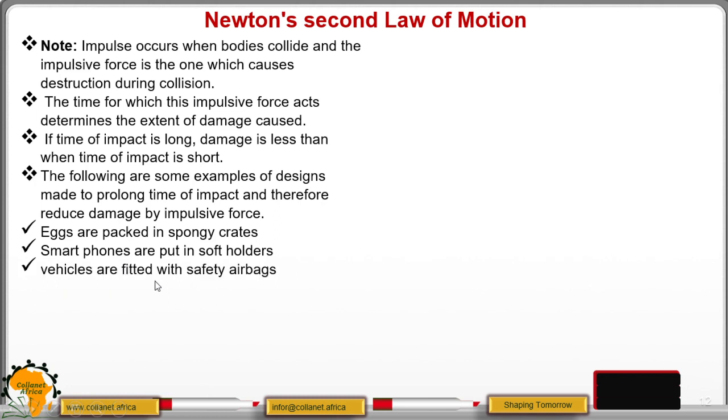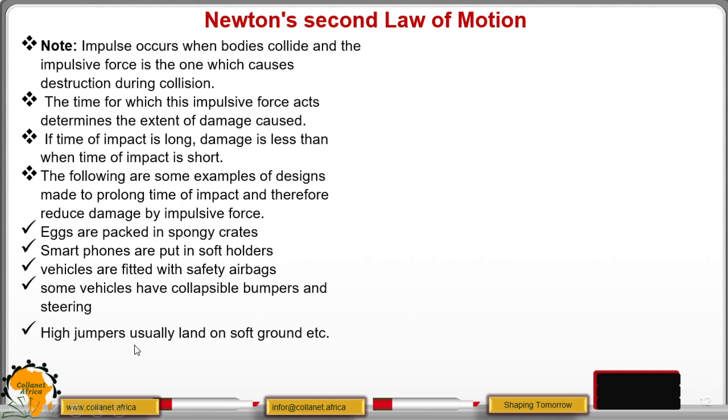Then we have that vehicles are fitted with safety airbags so that when you collide with another vehicle, these safety airbags will help you to prolong the time of impact, and that way you reduce the damage. Some vehicles have collapsible bumpers and steering, which, because they are able to collapse, will prolong the time of impact, and that way the damage is reduced.